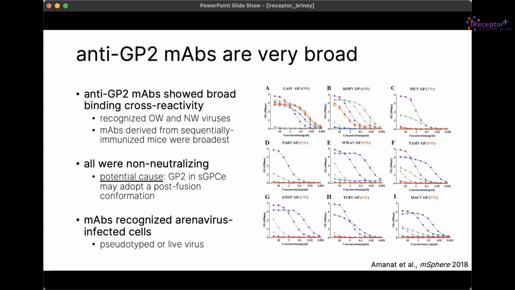Unfortunately, all of these antibodies were non-neutralizing. The authors speculate in the paper that the GP2 region in this sGPCE construct may adopt a post-fusion conformation. So you're recognizing a form of the protein that would not necessarily be present on the native spike, or if it is present on the native spike, is not on a functional spike that is capable of performing fusion.